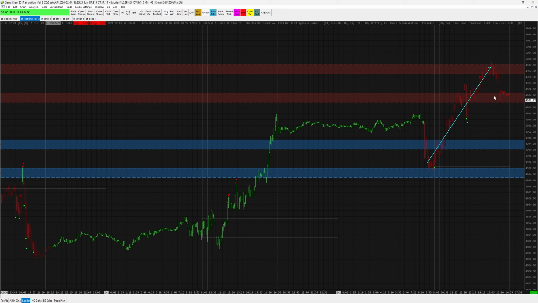Actually, the probability that the market's going to fall and revisit these trapped shorts is quite significant, because these are not only trapped shorts in futures. These are trapped shorts also in the stock market, in the broad market, right?